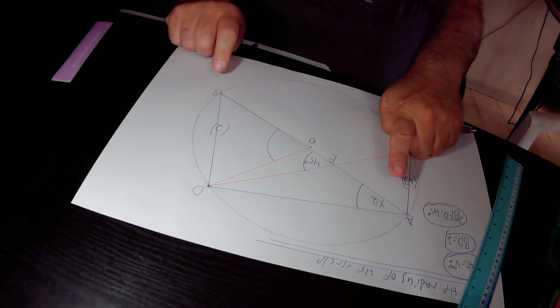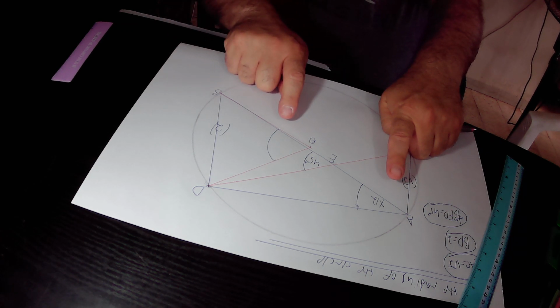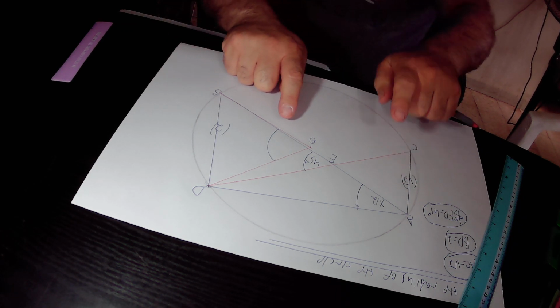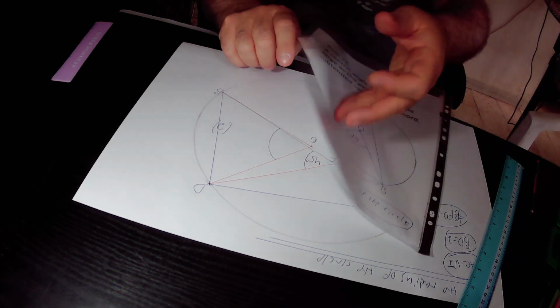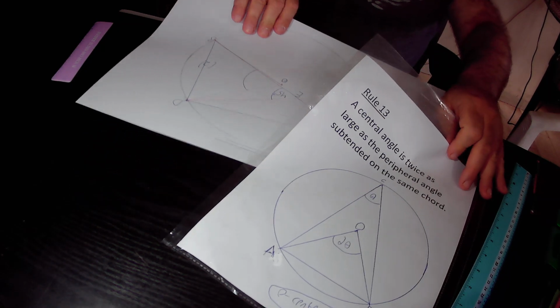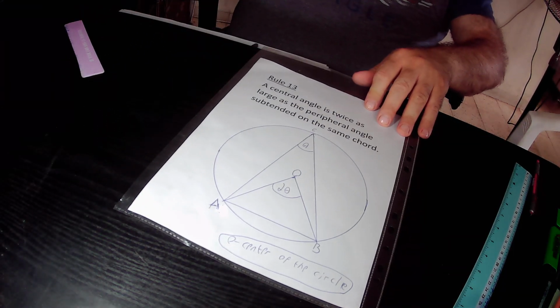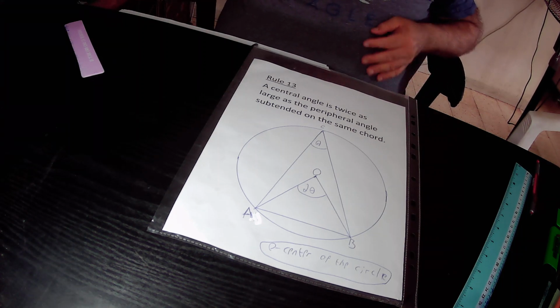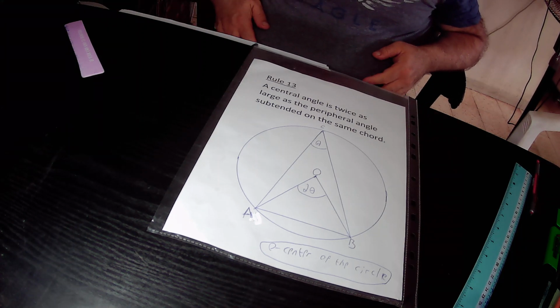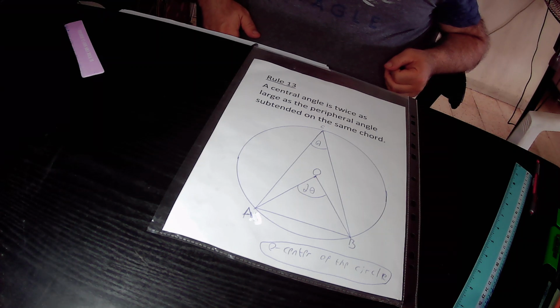And for that reason, we can implement here Rule 13. I'll repeat quickly Rule 13. According to Rule 13, a central angle is twice as large as the peripheral angle subtended on the same chord.